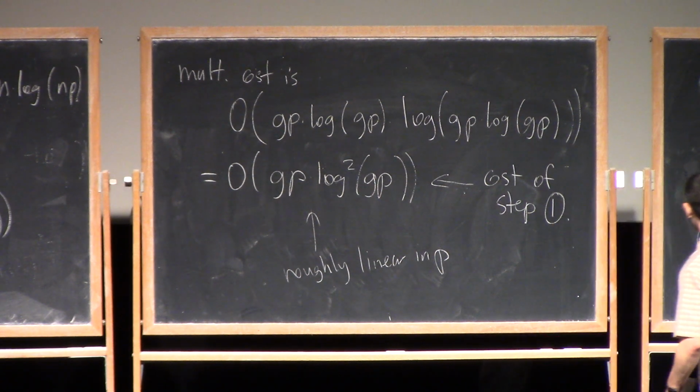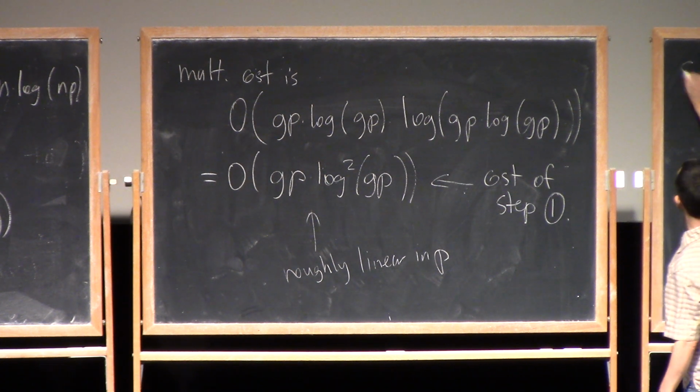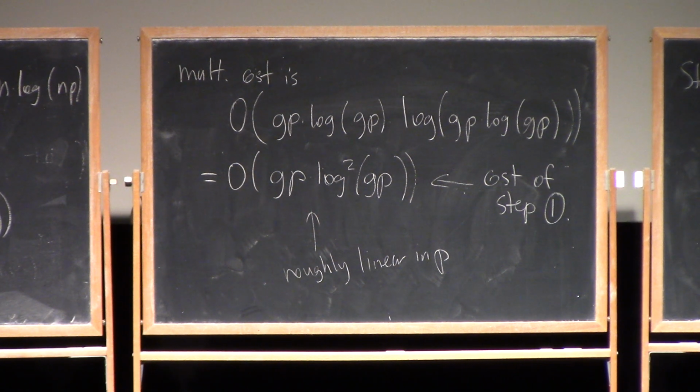Okay, let me talk quickly about step 2, which is computing this inverse characteristic polynomial. So step 2 was computing this guy.